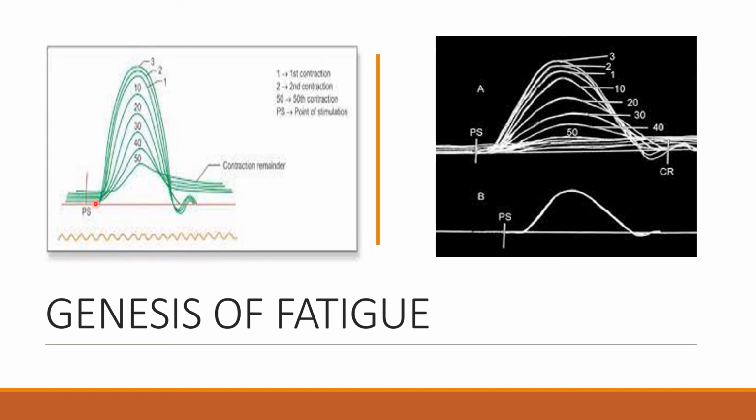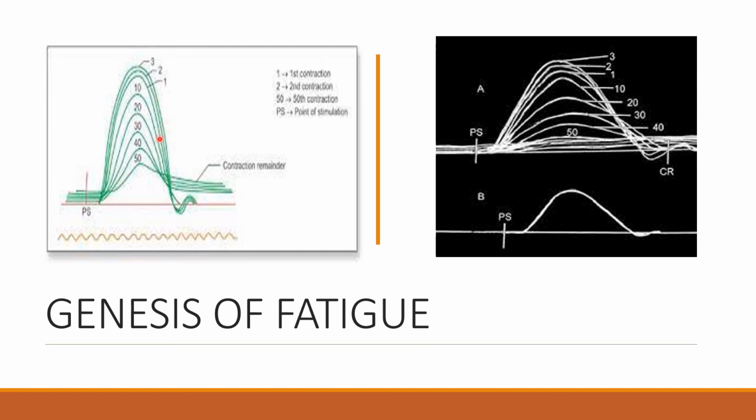The observations in this graph are for the first 3 contractions and the subsequent contractions; you should observe the amplitude and duration of the graph. So this is 1, 2, 3, right? With the onset of fatigue, the relaxation period of the muscle twitch prolongs and the baseline goes up.